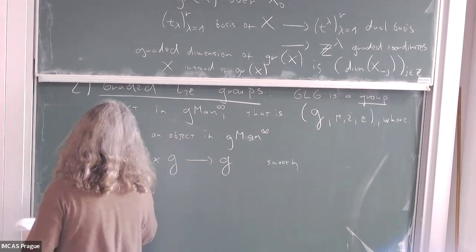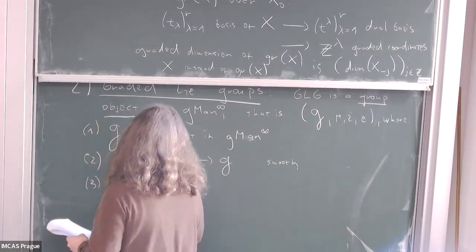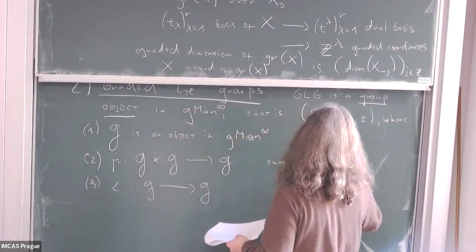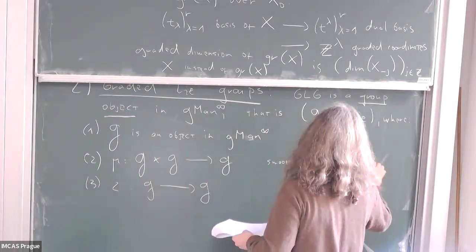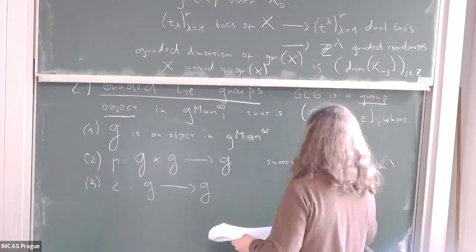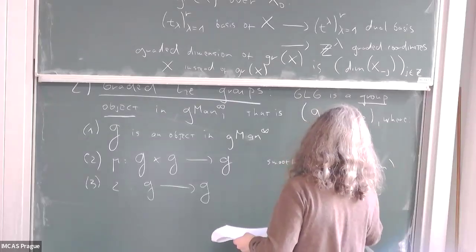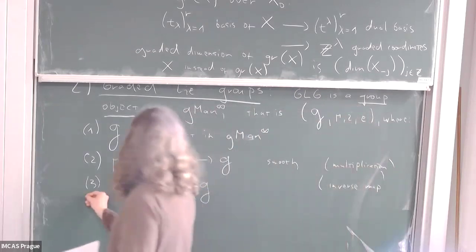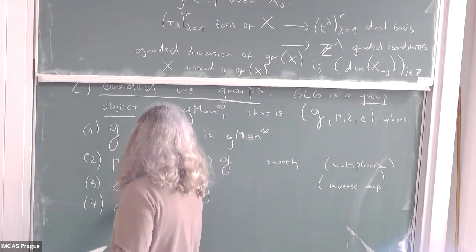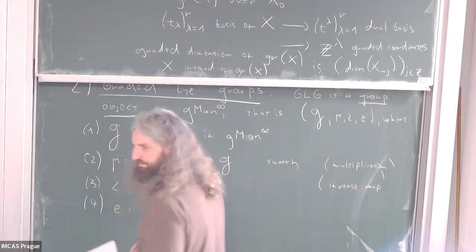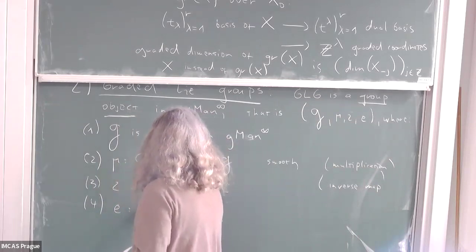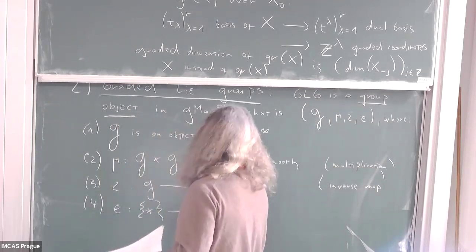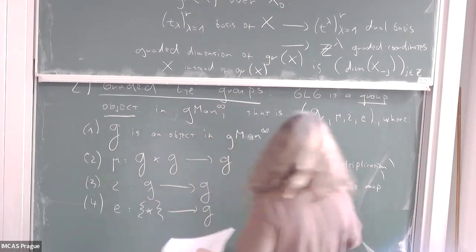This iota is a map from G to G, and this is called, of course, multiplication. This guy is called inverse map. And the fourth ingredient is this E, and this E is just a map from the terminal object. That's why you need the terminal object. So the terminal object is a 1-point manifold into G. This is called unit.